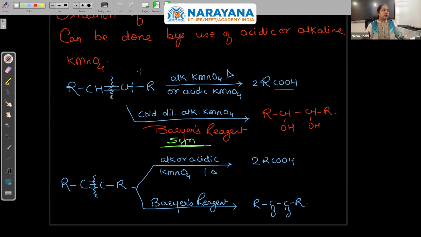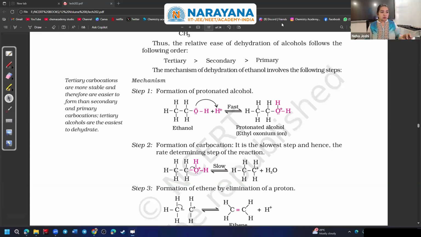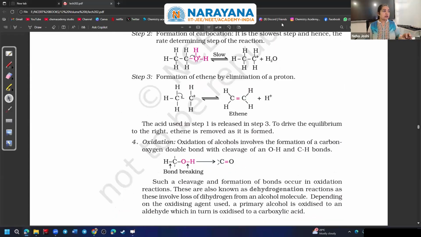Okay, the products, which you can call glycols, are formed. Vicinal diols are glycols. Here we have to maintain that the KMnO4 should be as dilute as possible.